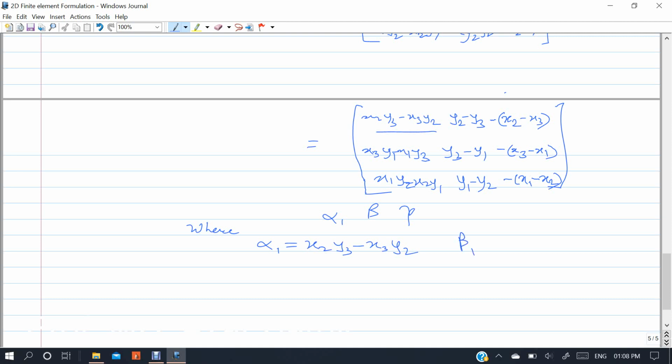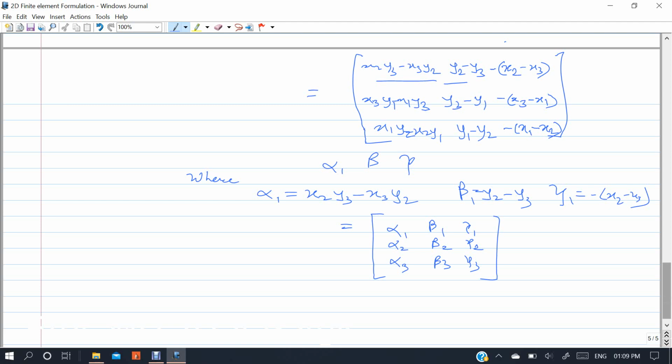Similarly beta 1 will become y2 minus y3, and gamma 1 will become minus x2 minus x3. So I will write this directly as a matrix: alpha 1 beta 1 gamma 1, alpha 2 beta 2 gamma 2 and alpha 3 beta 3 and gamma 3.